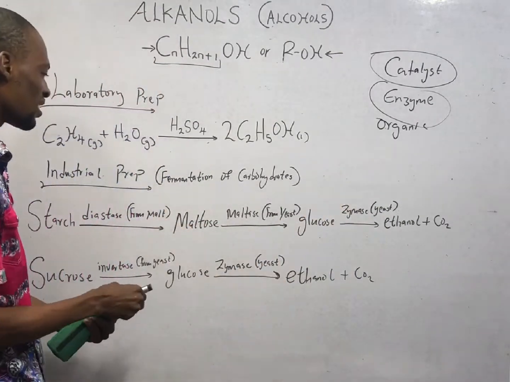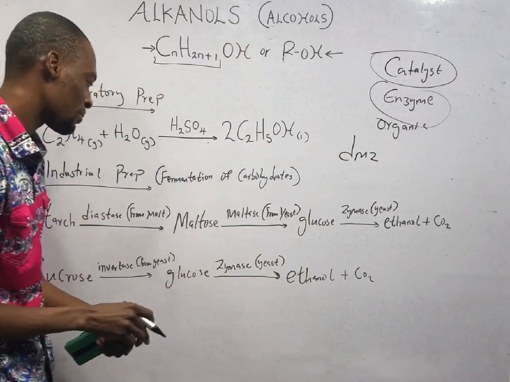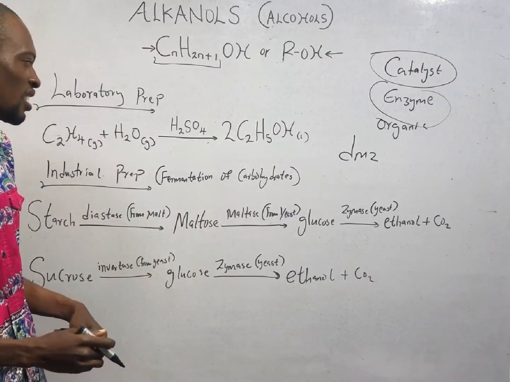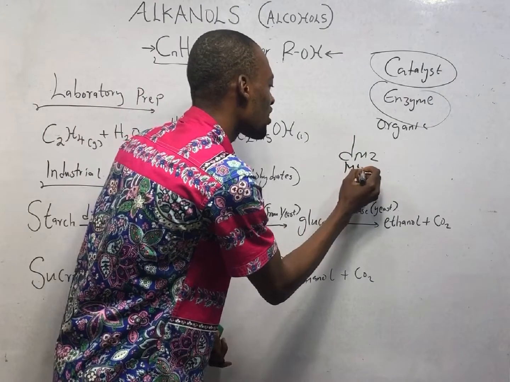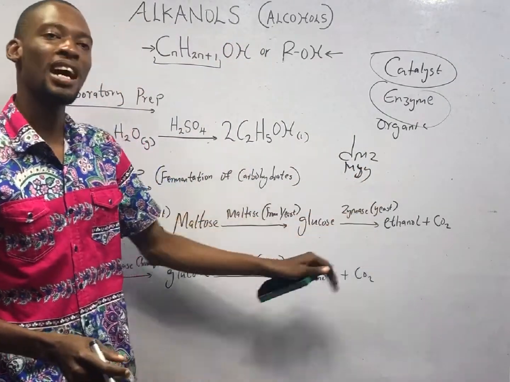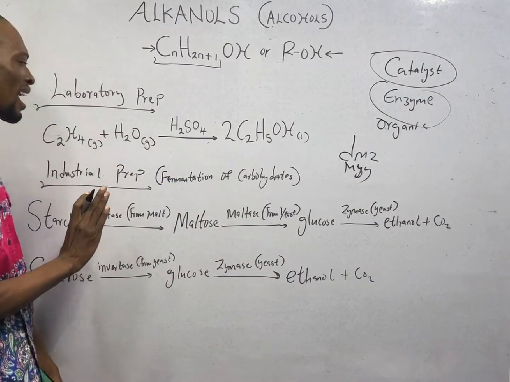So you can say DMZ for the enzymes: diastase, maltase, and zymase. Then if you want to remember the sources, it is simply MYY: from malt, from yeast, from yeast. Zymase is from yeast. Now look at another way to prepare alcohol.